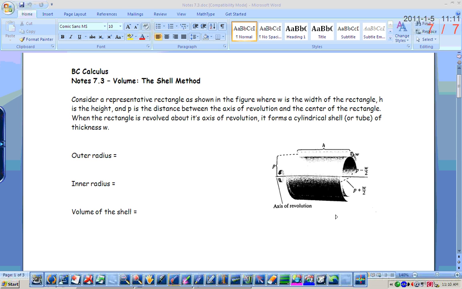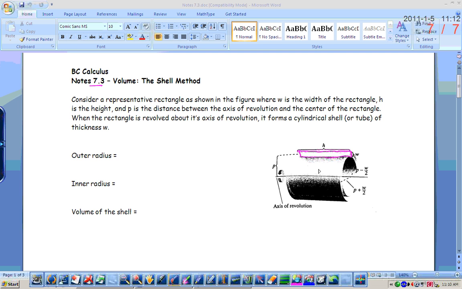So what we're going to do is consider a representative rectangle as shown in the figure, and that representative rectangle is like right here. This is in your book in section 7.3, where W is the width of the rectangle, basically the thickness of that rectangle, and H is the height or the length of that rectangle.